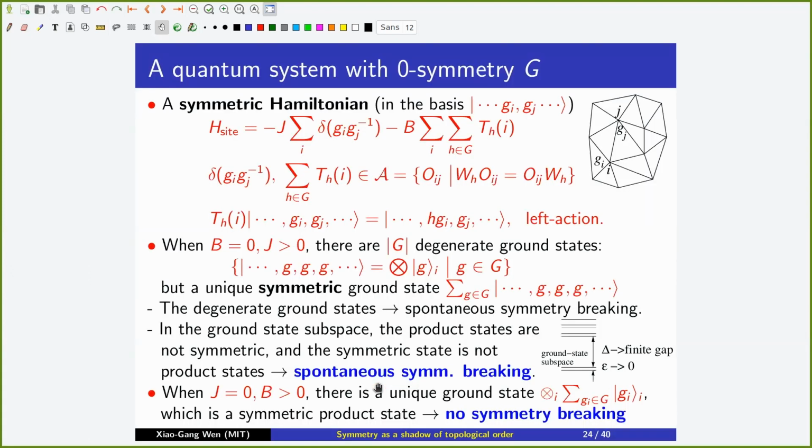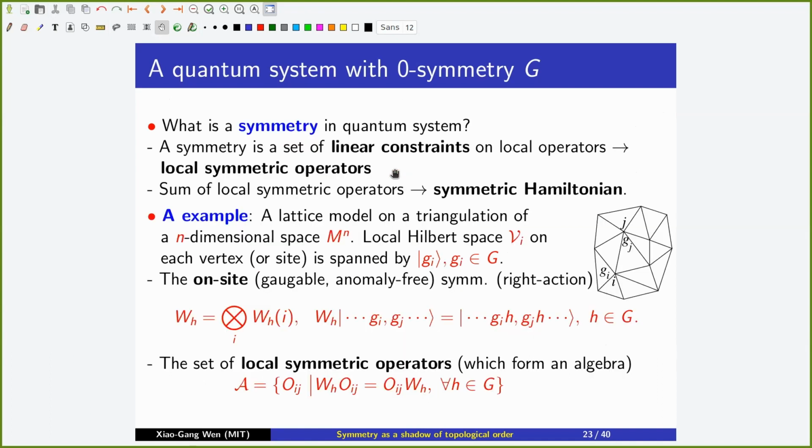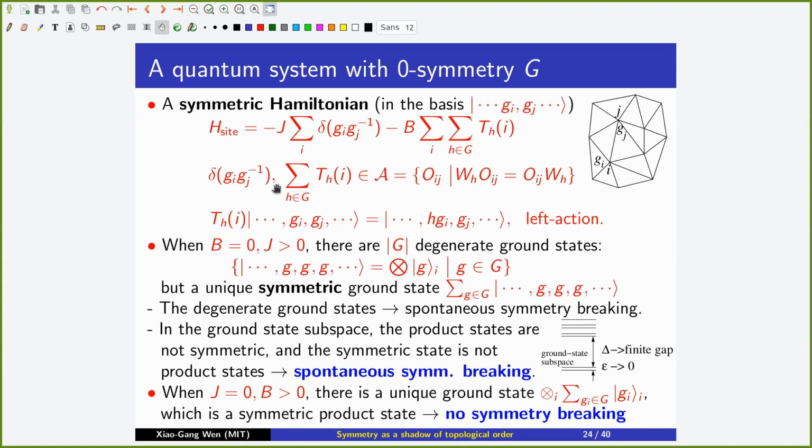Okay. And for the symmetry we considered, the local symmetric operators have two forms. One is this delta function, the combination of delta of G at site I and G at site J with inverse. This delta function is a symmetric operator and commutes with the symmetry.